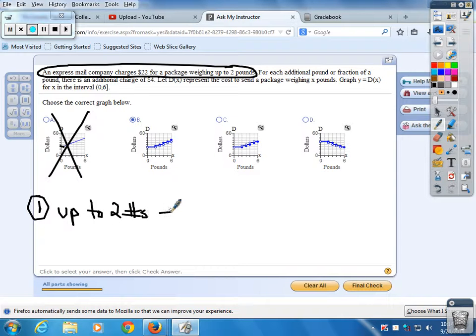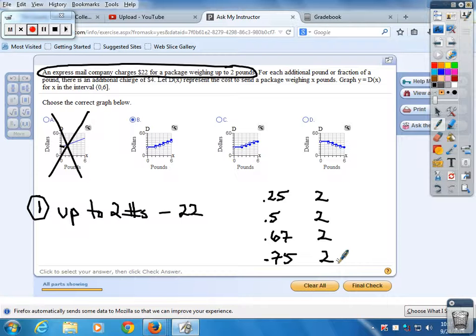we pay how much? $22. So at 0, well, 0 you don't pay nothing, so that'd be an open circle. And then at 0.25 pounds, you pay $22. At 0.5 pounds, you pay $22. At 0.67 pounds, you pay $22. At 0.75, you pay $22.